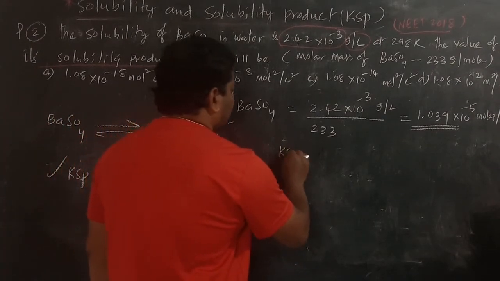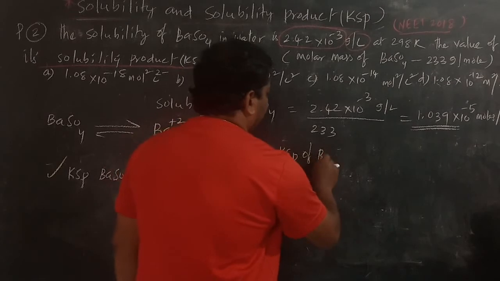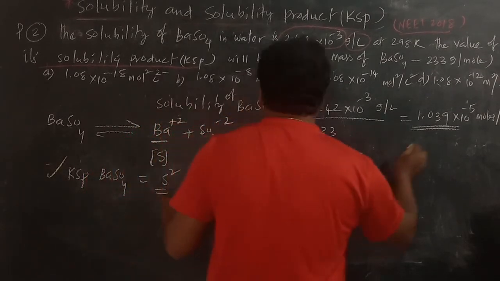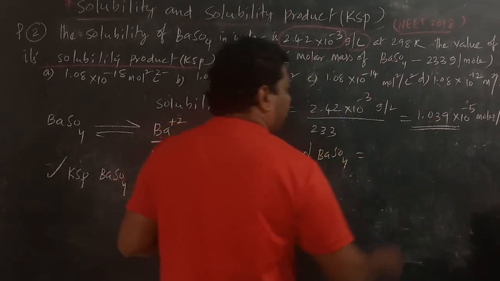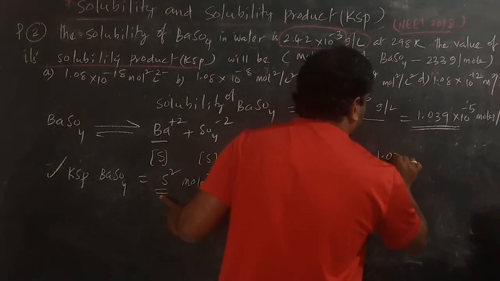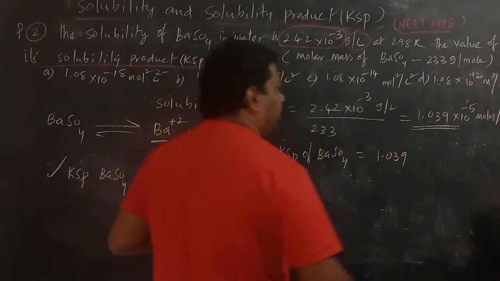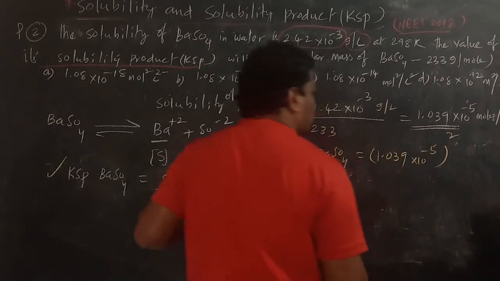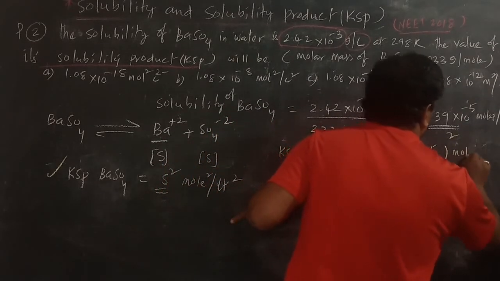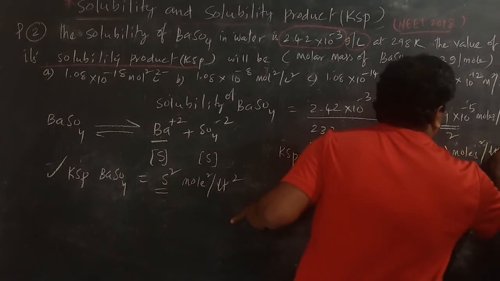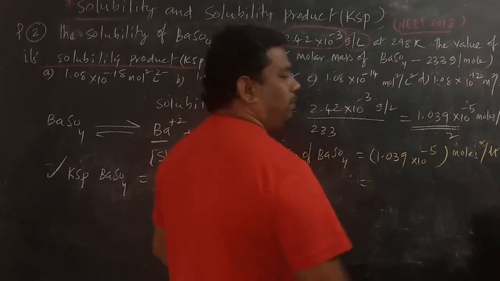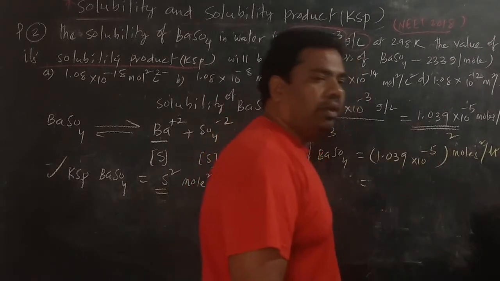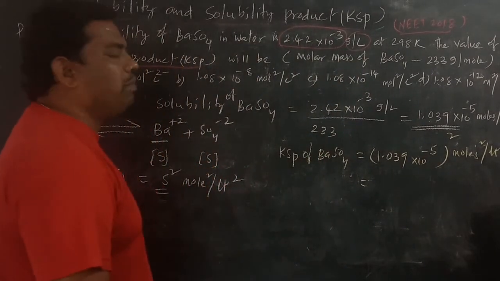Therefore Ksp of BaSO4 is equal to 1.039 into 10 to the power of minus 5, whole square, into mole square per liter square. After simplification, 10 to the power of minus 5 whole square means 10 to the power of minus 10.